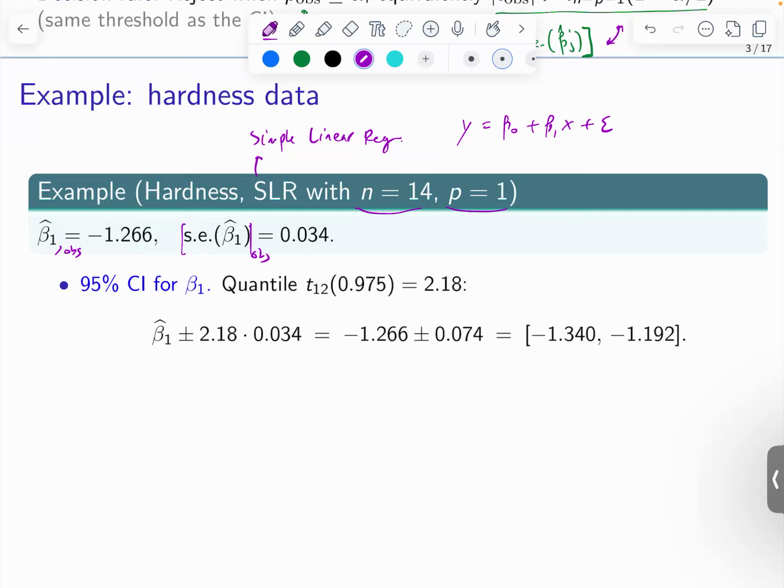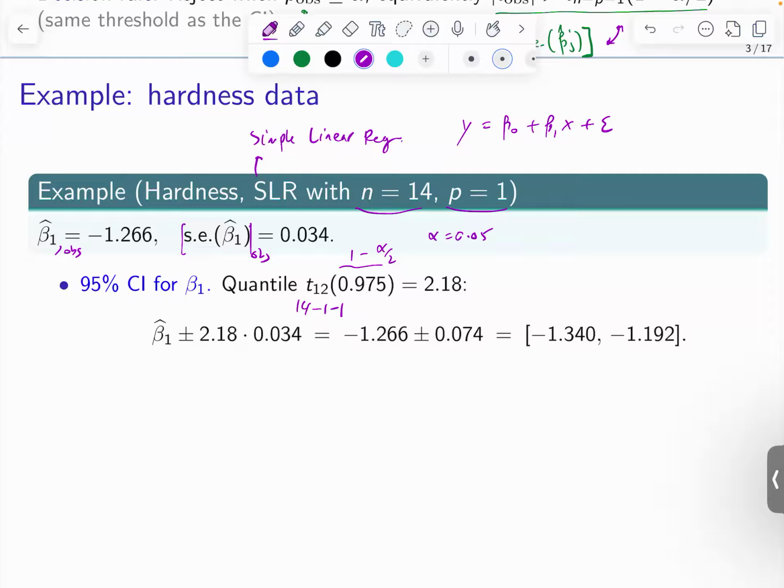It represents an ensemble, so it has a distribution. Beta hat 1 also has a distribution, but the observed values are what we actually observe in a single realization, and these are the values. And then the 95% confidence interval would use the 1 minus alpha over 2 quantile, where alpha is 0.05. The degrees of freedom is 14 minus 1 minus 1, and it turns out to be 2.14.